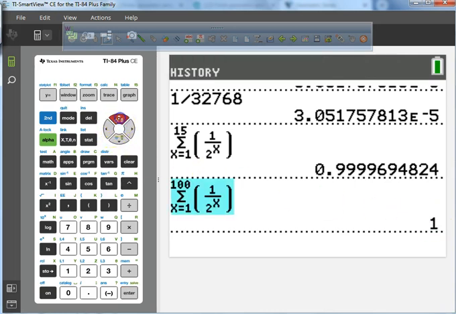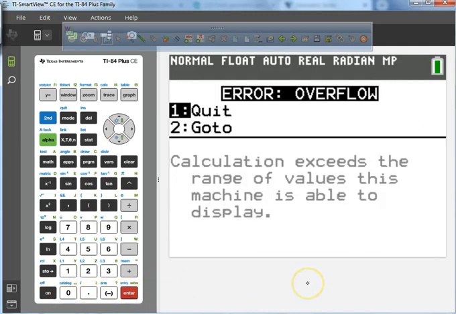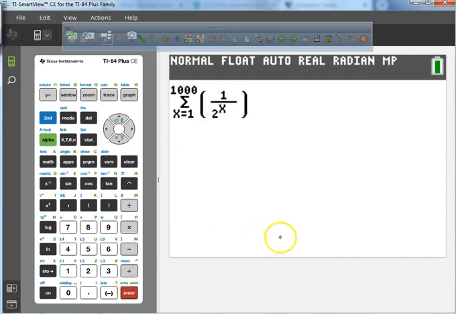So if I went up there and said, well, what about the first 1,000 terms? Oh, too much. You know what it's going to get close to, but not quite equal? 1. It's going to keep going to 1, because you're getting closer and closer to 1.